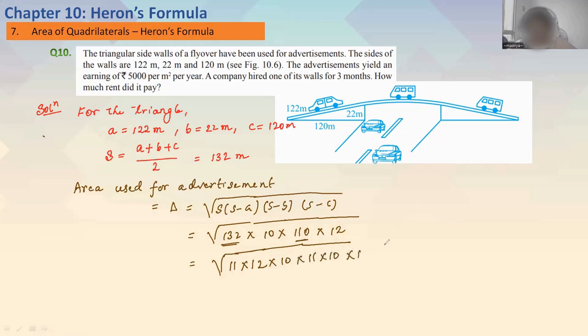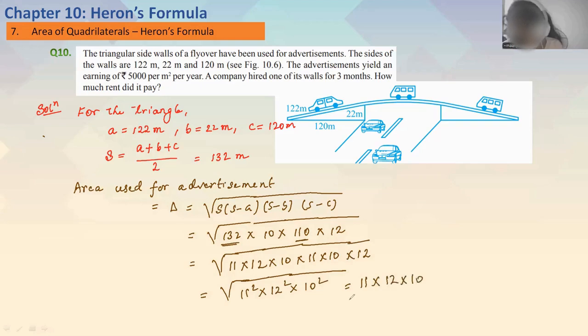You have understood this so well. So we have everything: 11 square, 10 square, 12 square. So this is 11 into 12 into 10. That's 1320 meter square.